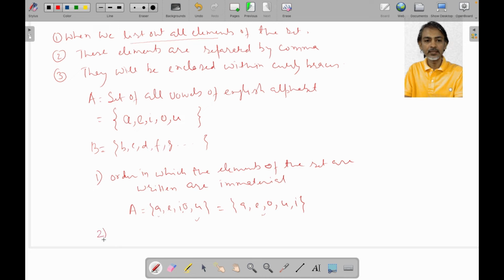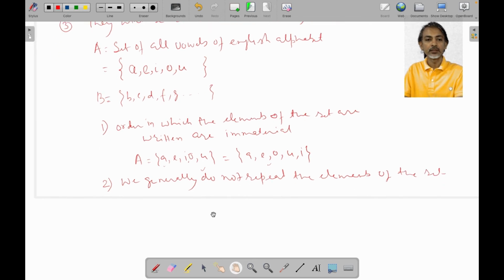And then second is that we generally do not repeat the elements of the set. Again, what we mean here is, say the same set A, if someone has written A, E, E, I, O, U, it's the same as A, E, I, O, U. Why?